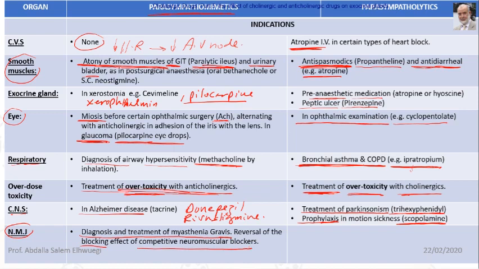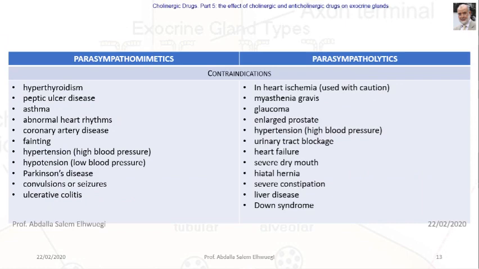Okay, so these are the most major indications of cholinomimetics and cholinolytics. On the other hand, their contraindications are many, and I have put them in a table. Parasympathomimetics in general are contraindicated in hyperthyroidism.